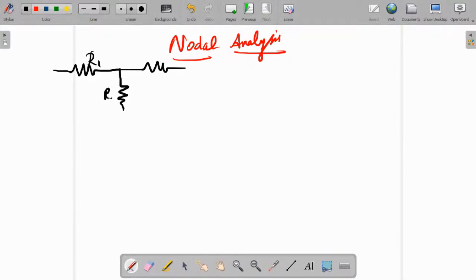R1, R2 and R3, and I have two sources. One is E1 and this is E2.